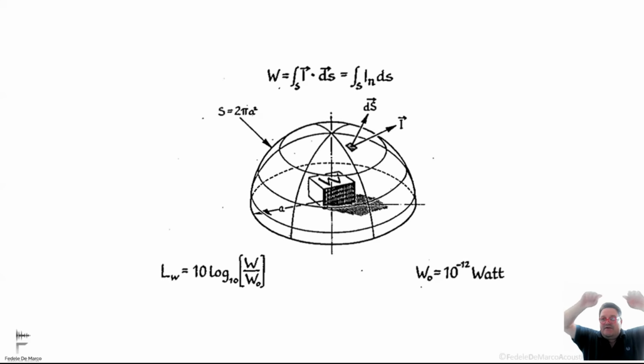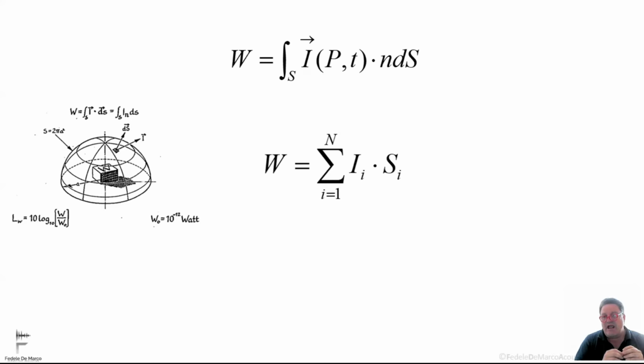The sound power emitted by the sound source is given by the surface integral of the sound intensity I. So if we divide the total surface into a number n of elementary surfaces and we measure separately the sound intensity with the intensity probe on each of them, the integral becomes a summation of all the multiplications of the surface area of each section with the intensity measured in each of these.